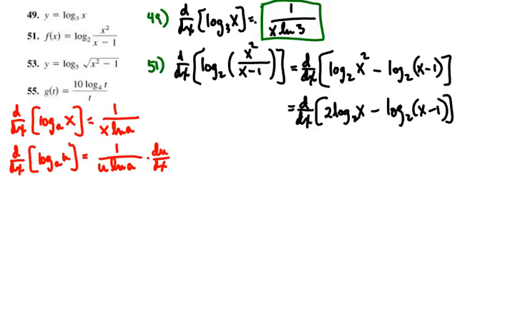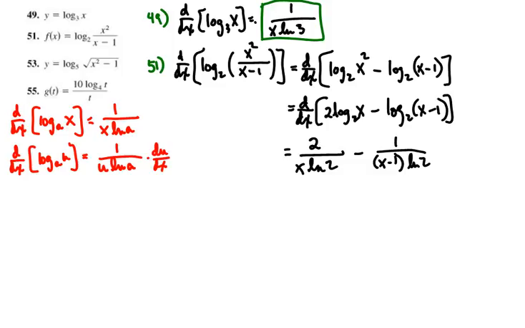And so the first one, log base 2 of x, is just 1 over x ln 2. So it's 2 over x ln 2. That's the first one. Then it's going to be minus 1 over x minus 1 ln 2, and times the derivative of x minus 1, which is still 1. So that's all there is going to be for that.